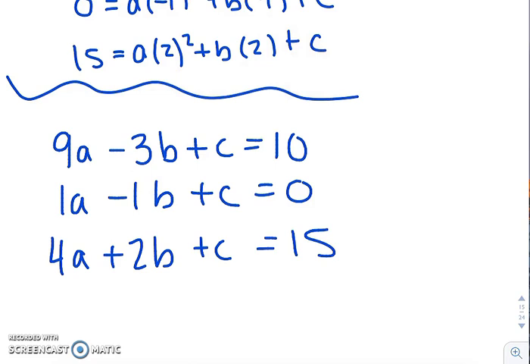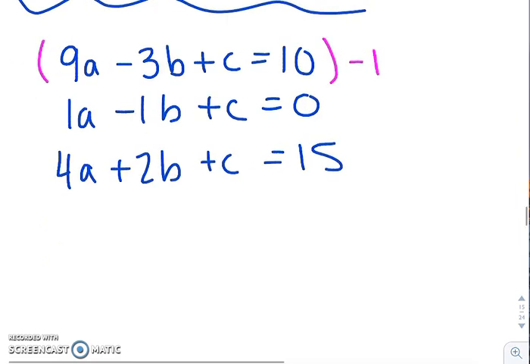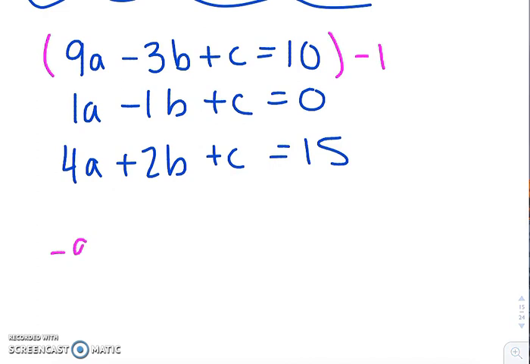So let's just multiply this first one by negative 1. So that will become negative 9a plus 3b minus c equals negative 10. And we'll add it to that second equation.